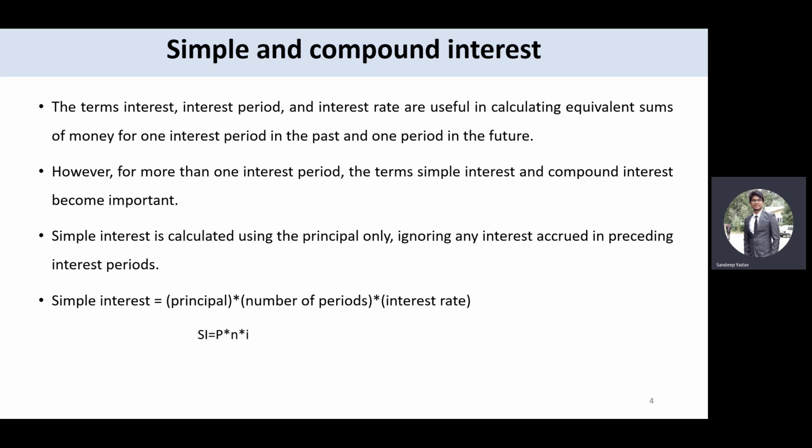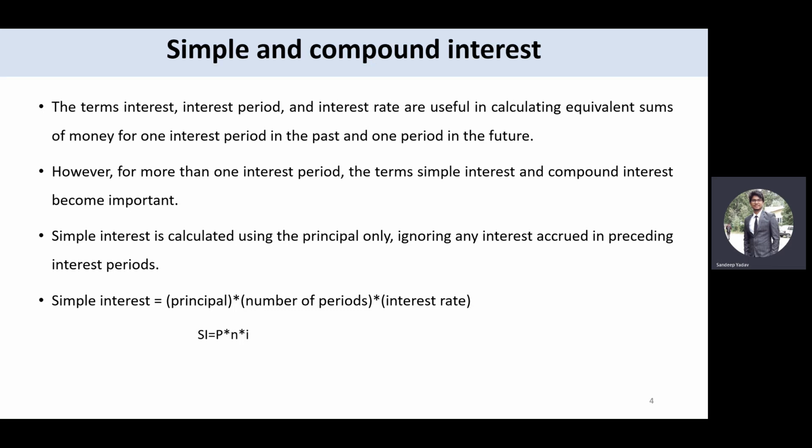Simple interest is calculated using the principal only, ignoring interest that occurred in the preceding interest periods. Suppose you are getting a loan of 10,000 rupees for a period of 1 year. If the interest is applied on the principal amount only, then we will not incur interest on interest. That is what is done in compound interest.